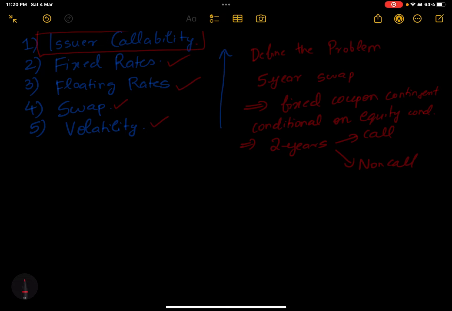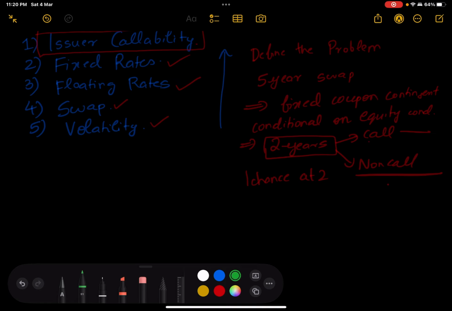So either I can call the structure, or I don't call the structure. But for simplistic terms, I'm just keeping that I have only one chance at 2 years to decide whether to call the structure or not.